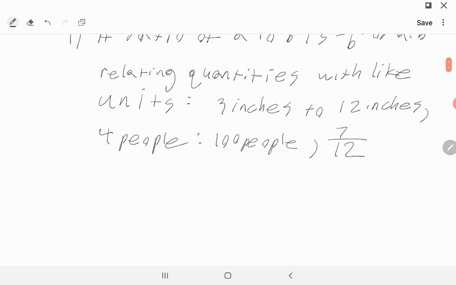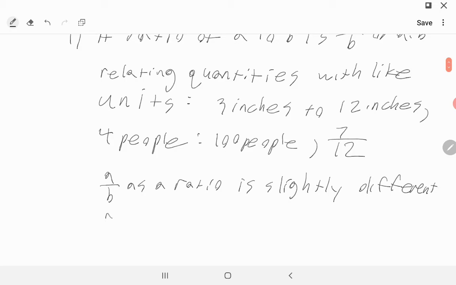We notice that A divided by B as a ratio is slightly different from A over B as a fraction.